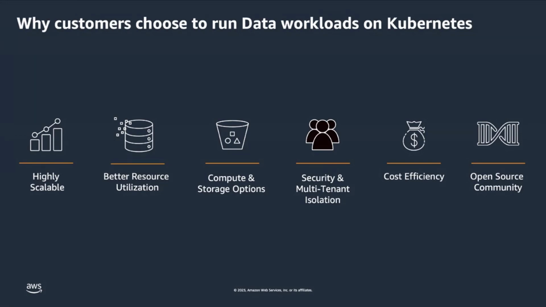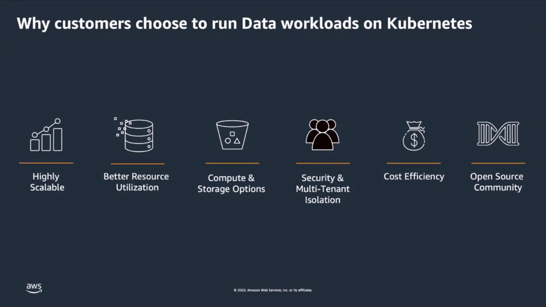It's very powerful in terms of its orchestration and scheduling capability. Better resource utilization: in terms of some of these data processes, you can pack a lot of different workers onto the same node and make the most of utilization. Things like diversified compute and storage options.